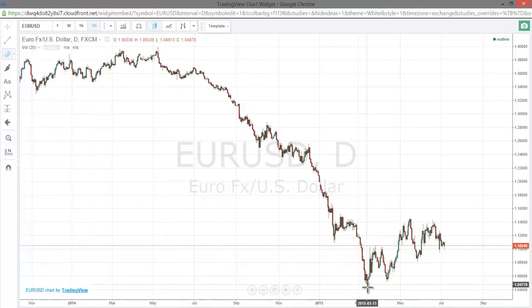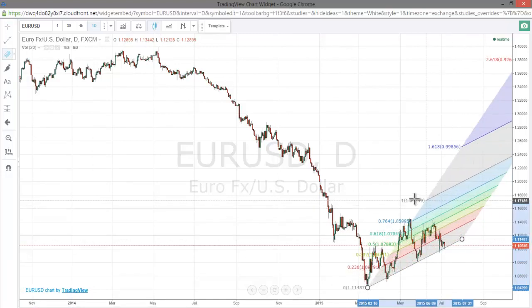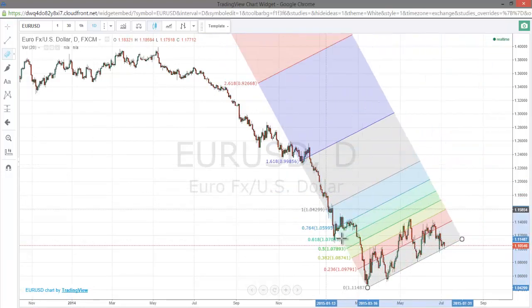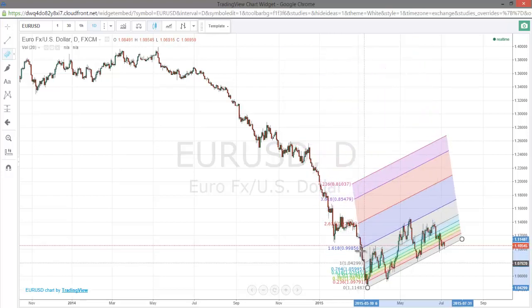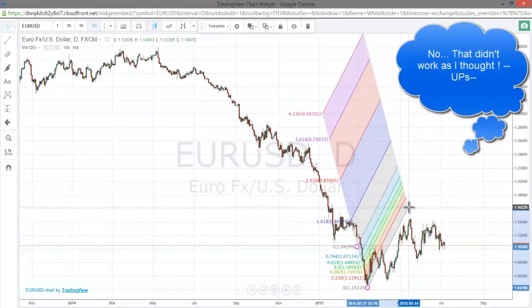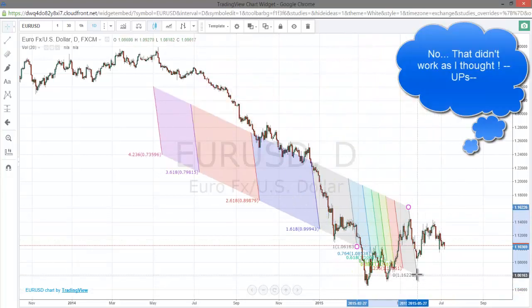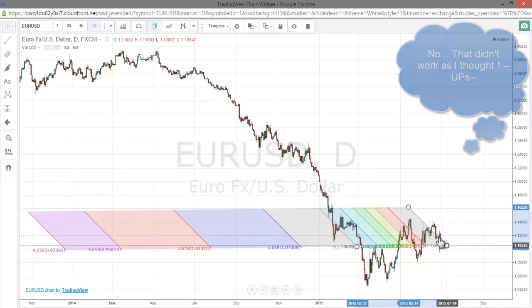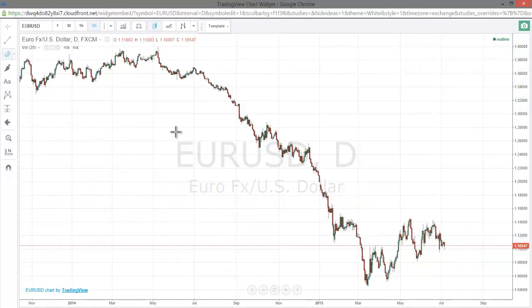I think it's quite good because you just place your line there, and then you put your channel, and then you can have a good idea of what levels. And I do these sometimes the other way around actually. Let me delete that one, it didn't work very well.